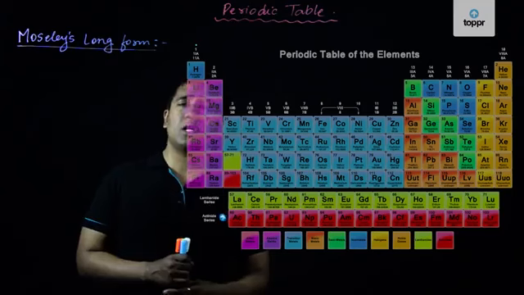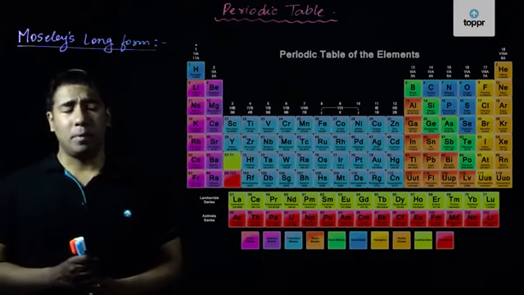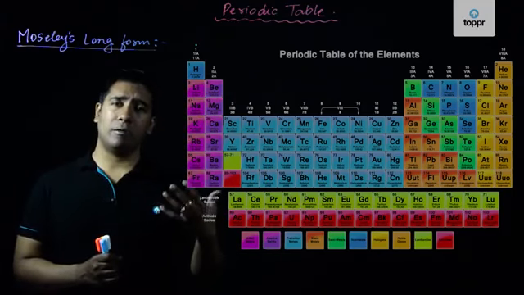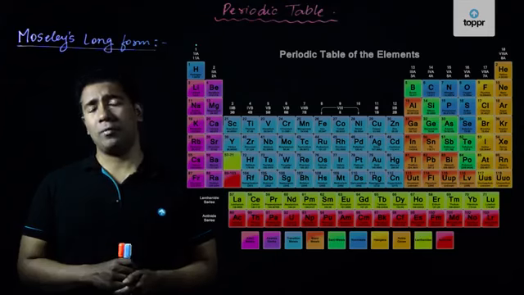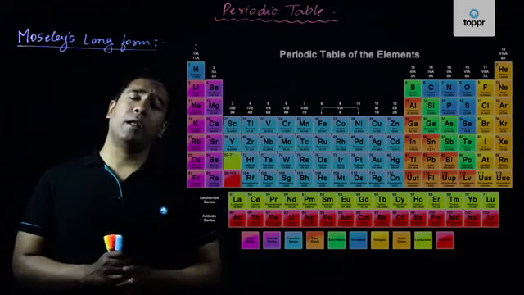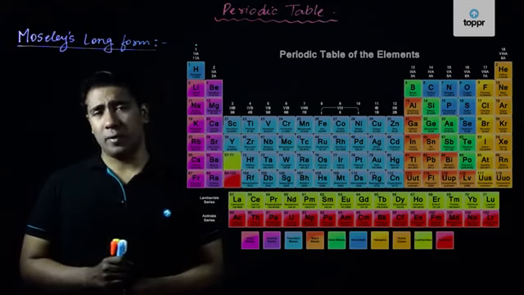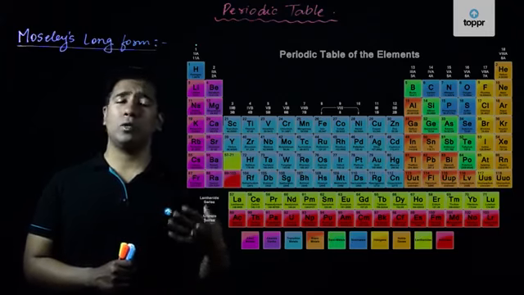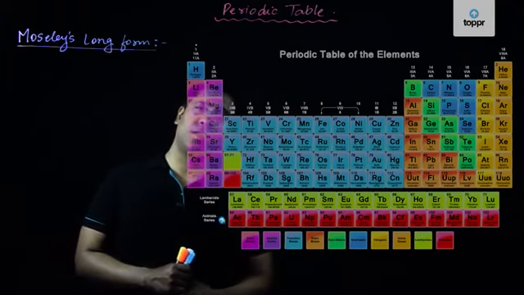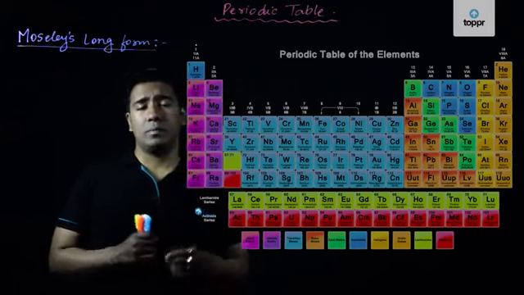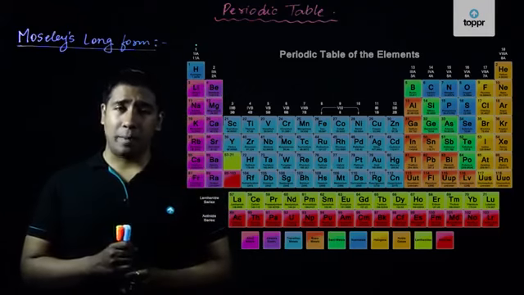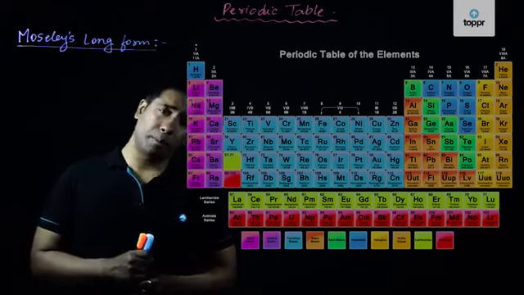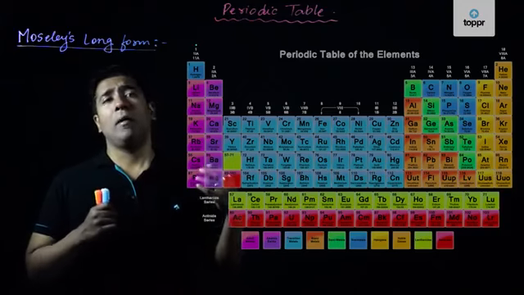The X-rays formed when different elements were bombarded with cathode rays had different frequencies, and Moseley plotted those frequencies of the emissions given out during X-ray emission.